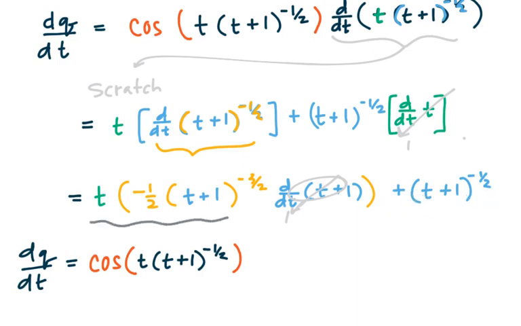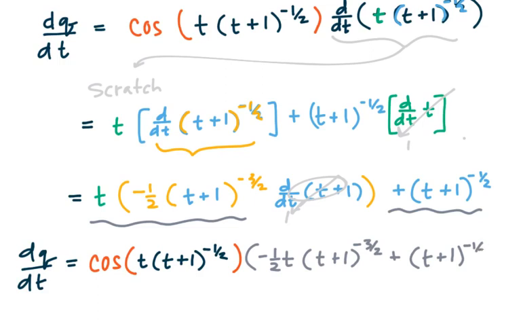So I have this plus this, which is, actually I'm going to say, -1/2 t times (t+1)^(-3/2). That would be times 1, we said, so we do not need to write that. But then we have that last piece, so plus (t+1)^(-1/2). At this step, we are completely done with taking any derivatives.